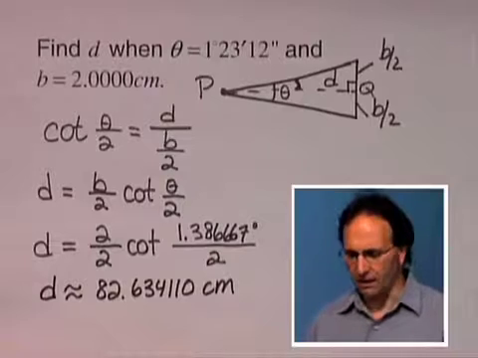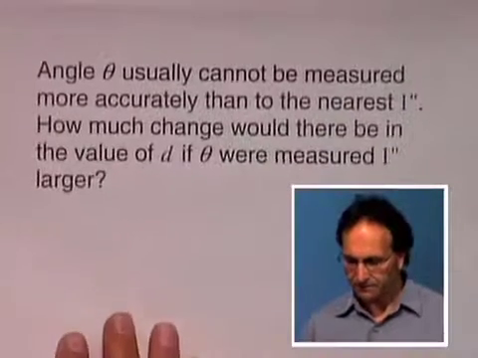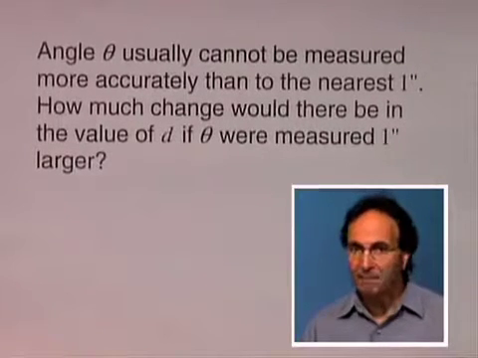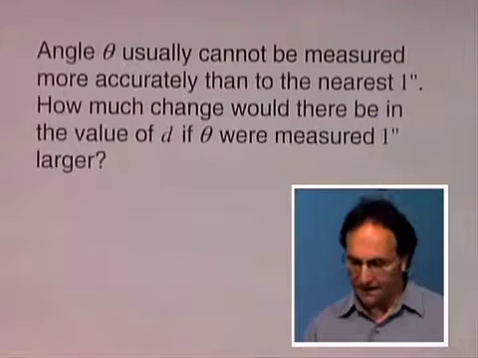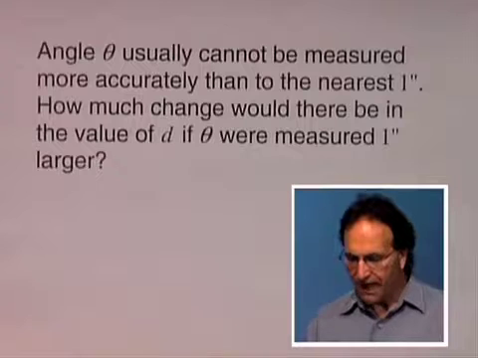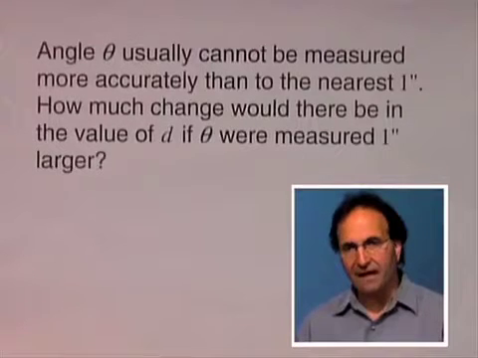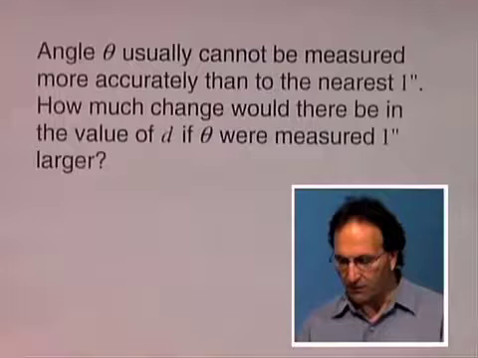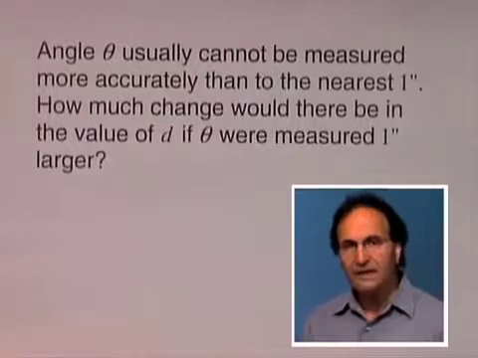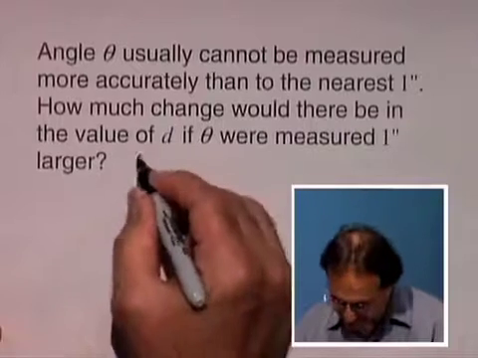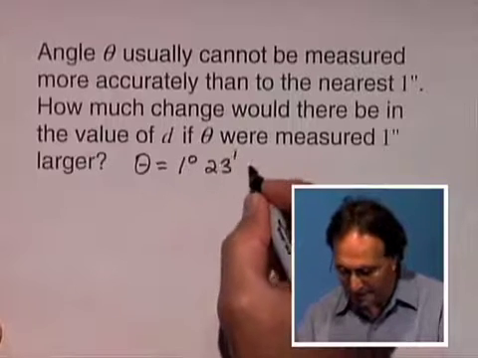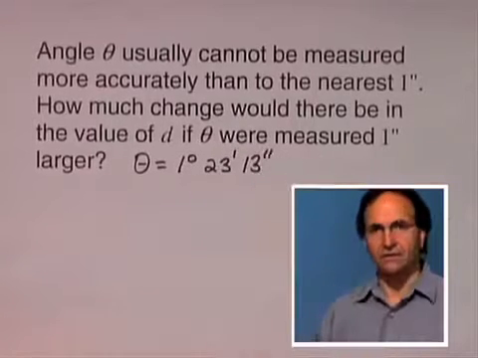Let's do another part of this particular example. Angle theta usually cannot be measured more accurately than to the nearest 1 second. How much change would there be in the value of length d if theta were measured 1 second larger? Well, that means, of course, that theta would be 1 degree, 23 minutes, 13 seconds.